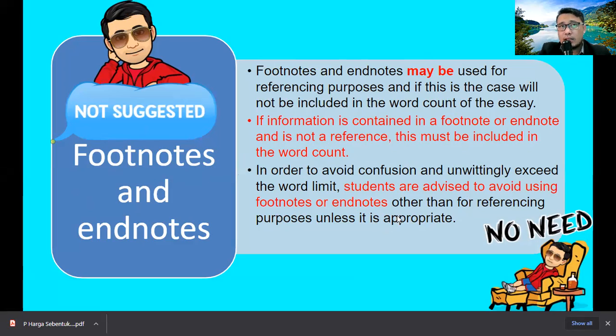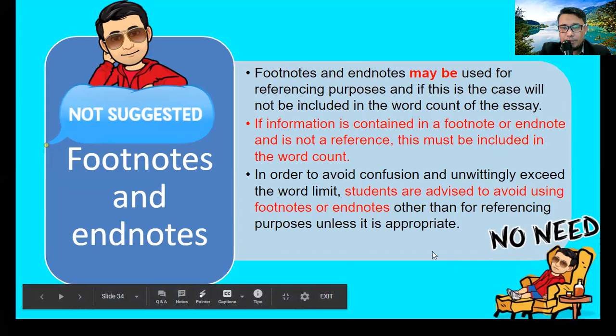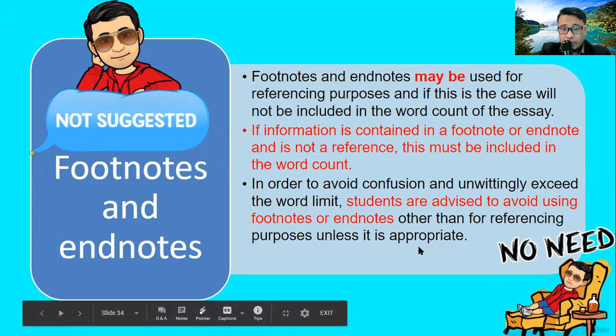So why is it not strongly recommended? Because somehow students put their argument in the footnotes because they think 3,000 or 4,000 words won't be enough. So that's why they sometimes put it in the footnote or endnote.